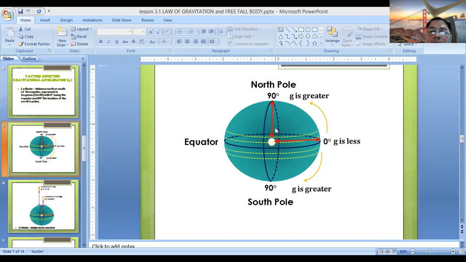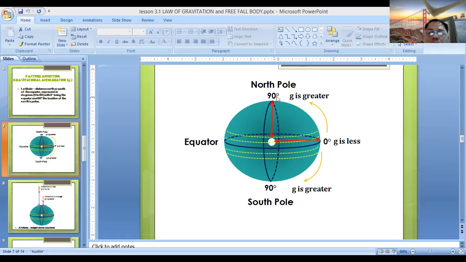Since the poles are nearer the center of the Earth, because the Earth is an oblate spheroid, the way we describe it, it's thicker on the equator. Since the equator is much further from the center of the Earth, there is lesser gravity in the equator. More gravitational pull is found on the poles.